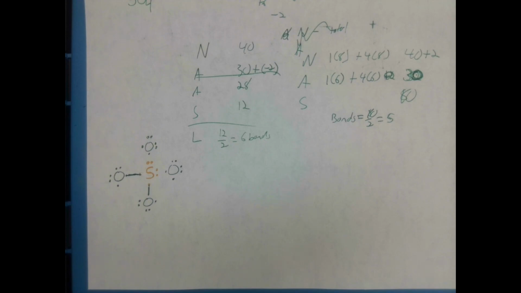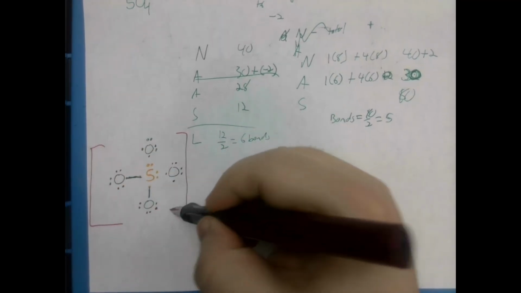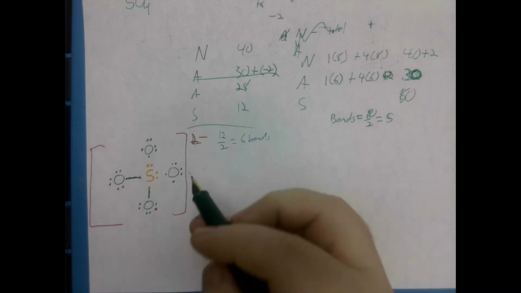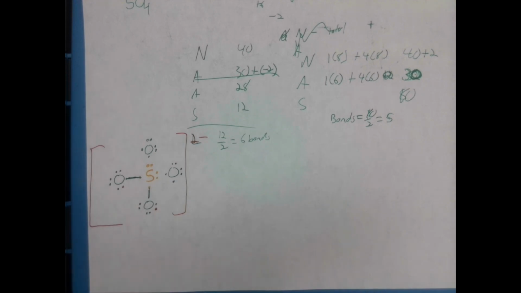I'm going to take my 2 additional electrons and just add them there, which makes this 2 negative now. Now what my problem is, these oxygens I need to bond in here and complete the octet rule.